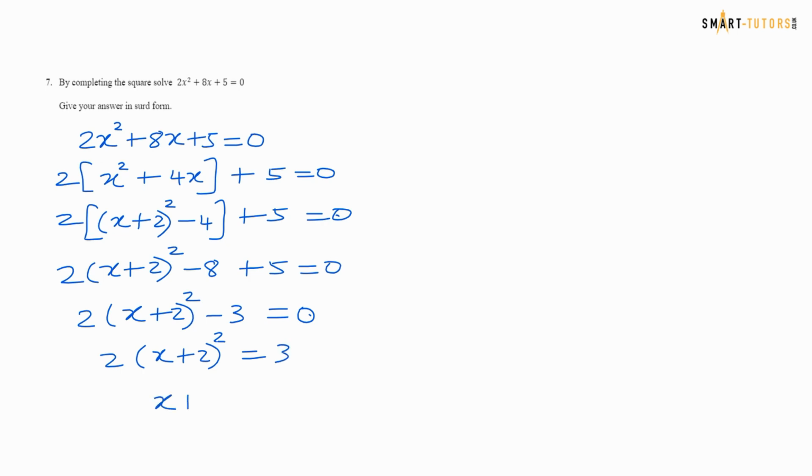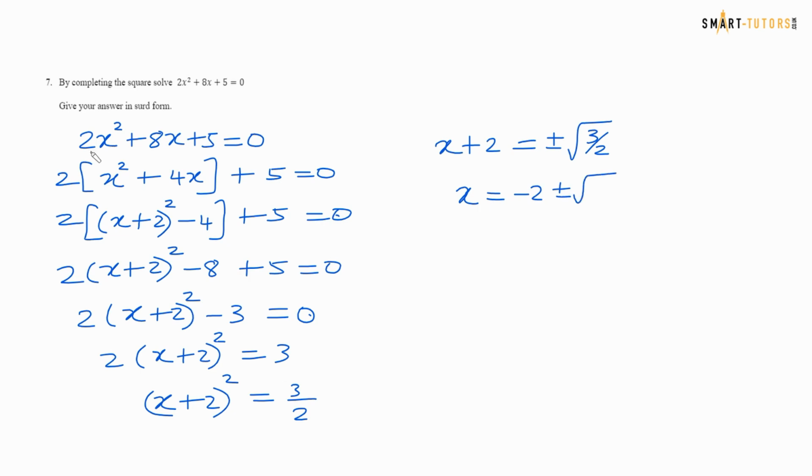So x plus 2 whole thing squared equals 3 over 2. So this will end up with x plus 2 equals plus or minus square root of 3 over 2. So x equals minus 2 plus or minus square root of 3 over 2. So that is the final answer for question number 7.